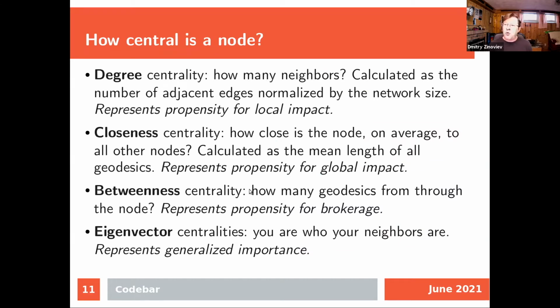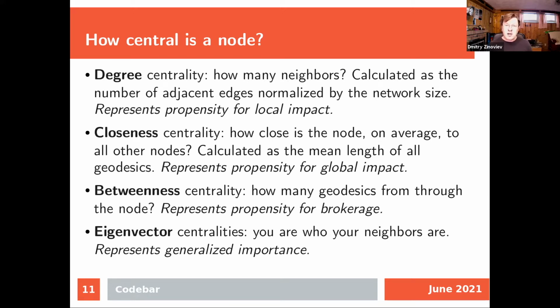And the most important from social network analysis are the centrality measures, which tell us how central is a node to the network. In particular, when you work with social networks, you want to know who are the most important people, who are the most important actors in this network. You can calculate it in more than one way.